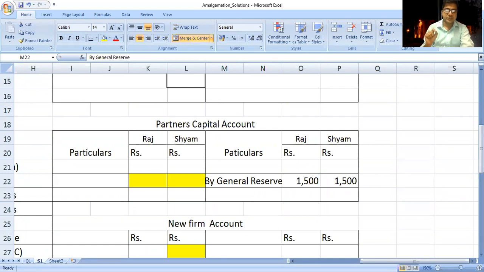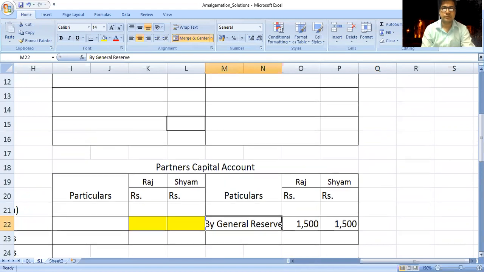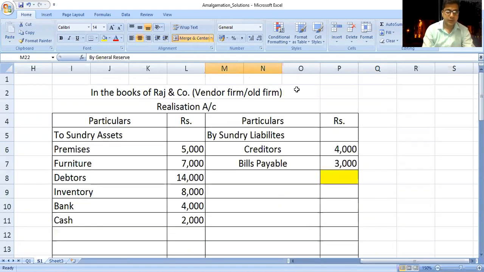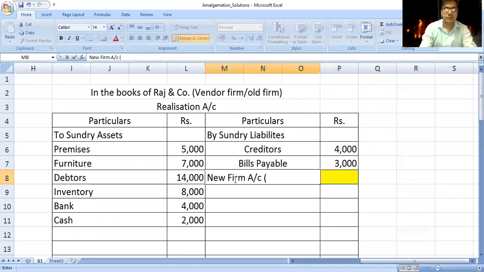Whenever the purchase consideration is due, we will write the entry: new firm account debit to realization. New firm account debit to realization. So we will write here new firm account, and it is a purchase consideration due entry.